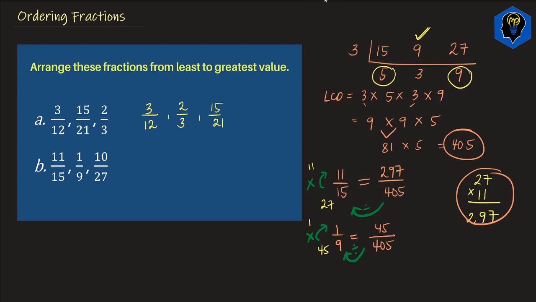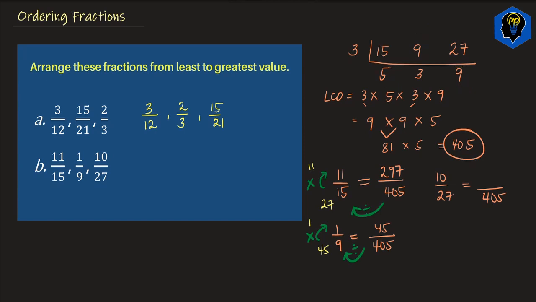Okay? Then lastly, we have, what's our last number? So let me just erase this so we have space. Okay? Last fraction is 10 over 27. Convert it to a fraction with 405 as your denominator. So, again, paulit-ulit tayo. Sana ma-master nyo, no?